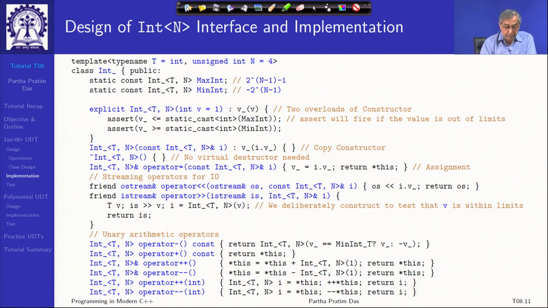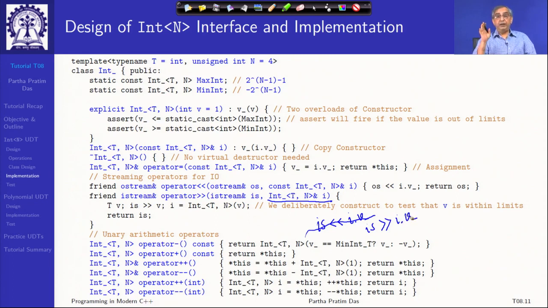In a similar manner, if you look into the input streaming operator, I am passing an already constructed int object I. So, what could have been simply this operation is, the input stream reads I dot v.